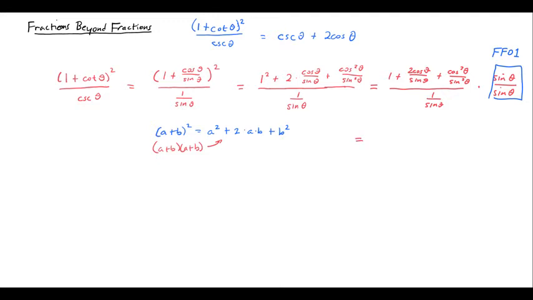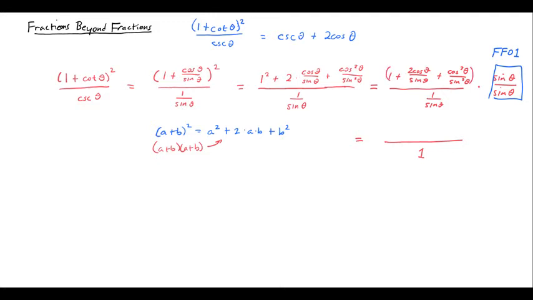Okay, so how do I multiply these two fractions? Well, I multiply the numerators and multiply the denominators. If I multiply the denominators, I just get 1 over sine of theta times sine of theta. That's 1. And that's the entire reason I'm doing this, really, is that this is going to make things a lot simpler. Alright, what about the numerator? Numerator is going to be, well, I need to multiply this entire thing by sine of theta.